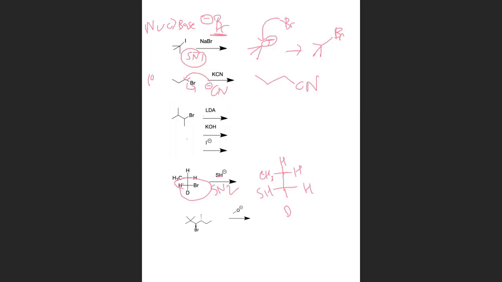For our last example, we have a strong nucleophile and base, and we have a secondary leaving group. However, we'll notice that we have a quaternary carbon right next to it.